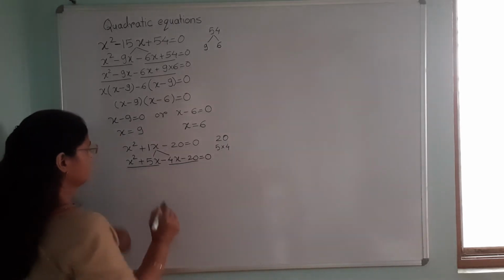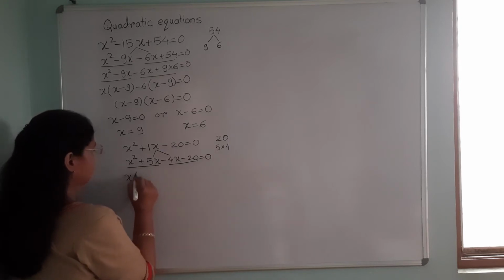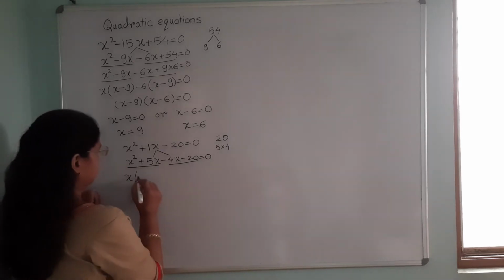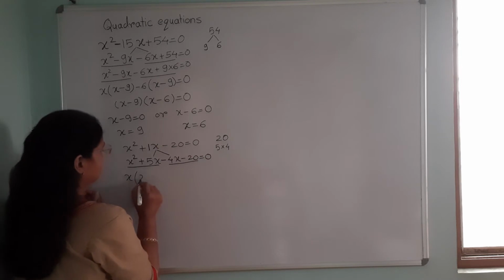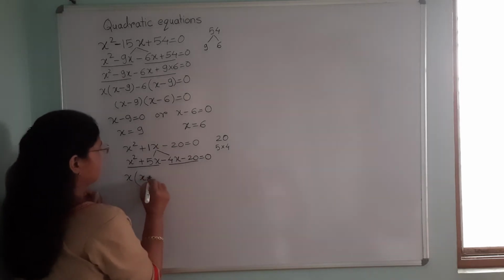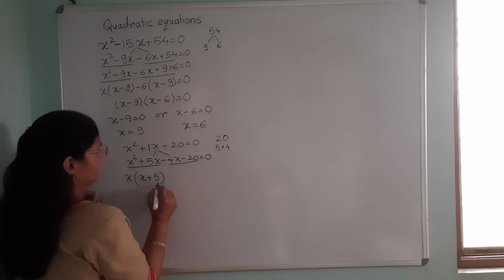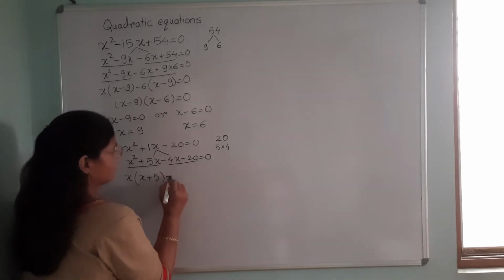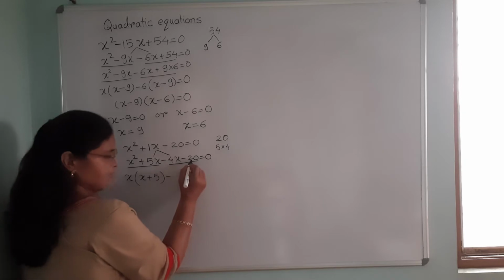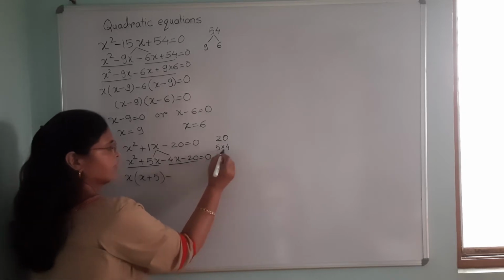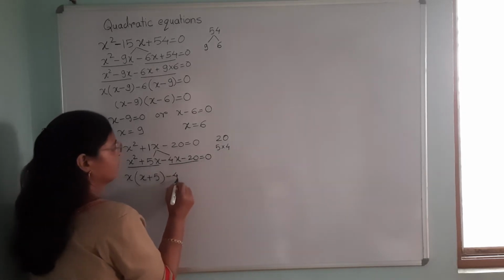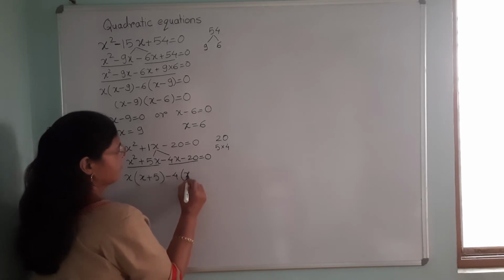Now from the first 2 terms, we get x common. As it is x square, x is taken common, x remains here, plus x is taken common, so it is 5. Minus sign is taken common, minus, and as we know 20 is the product of 5 and 4, we can take 4 common. x remains.